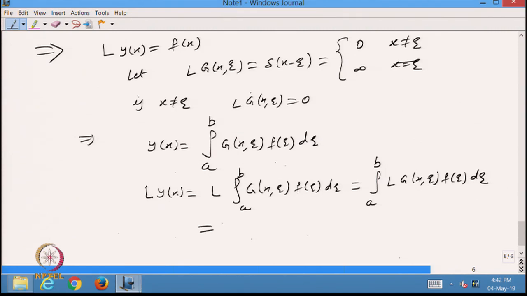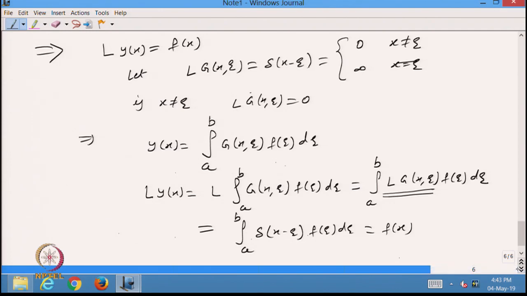This will be again a to b, and L g we have just defined is equal to the Dirac delta function, so delta(x minus xi) f(xi) d xi. This one we defined in the previous slide, so this will be equal to f(x), because I am applying delta(x minus xi) and taking the integral with respect to xi.